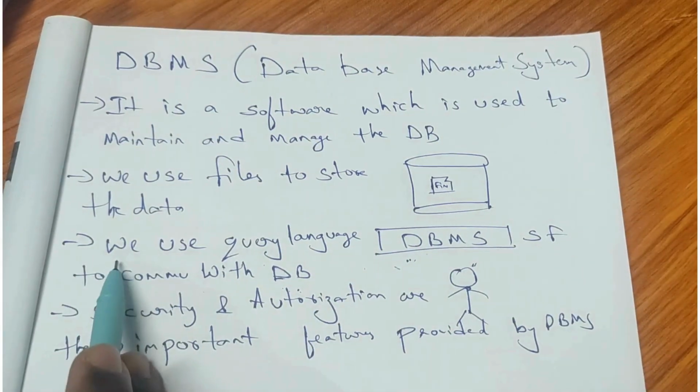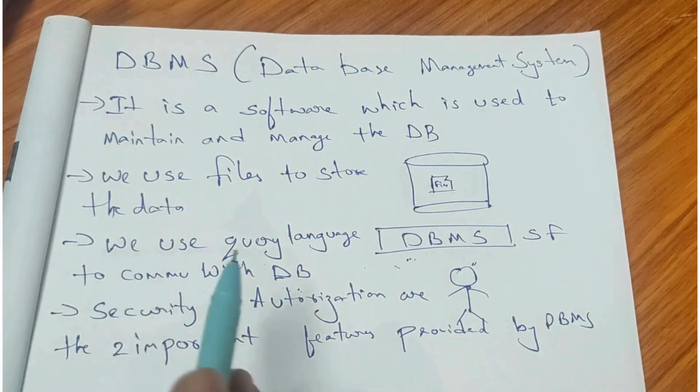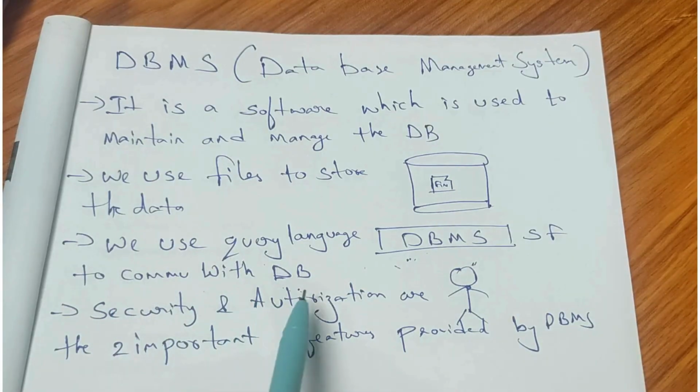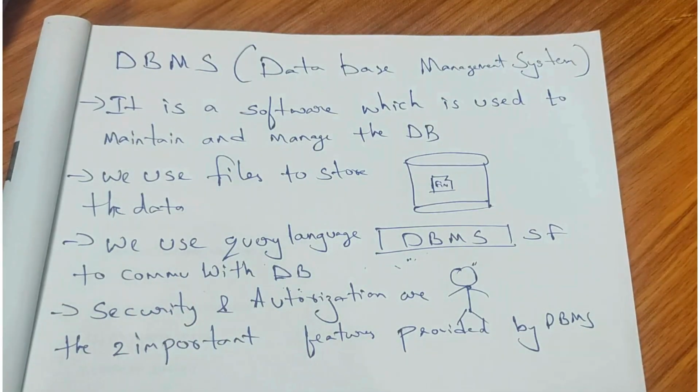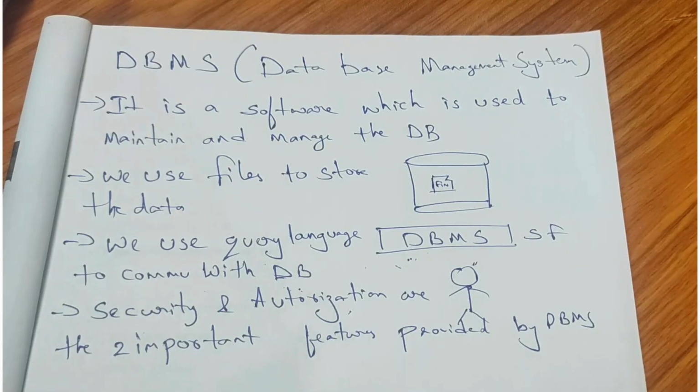Here we use a query language to communicate with the database, and it offers security and authorization. These are the two main important features provided by the DBMS. So these are the main four points, and they are more important in the database.